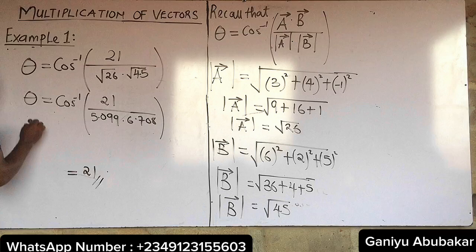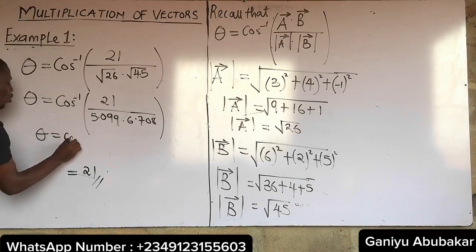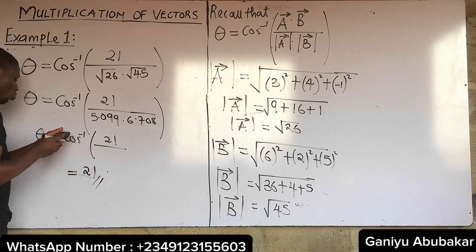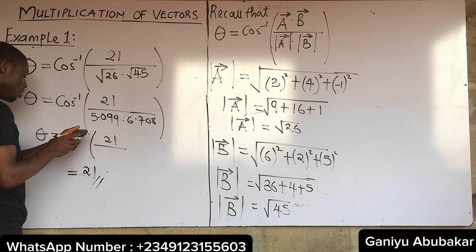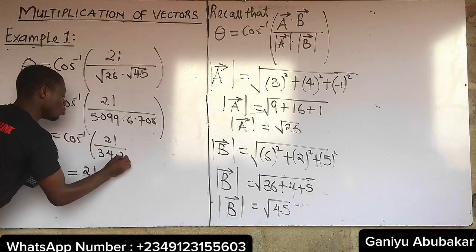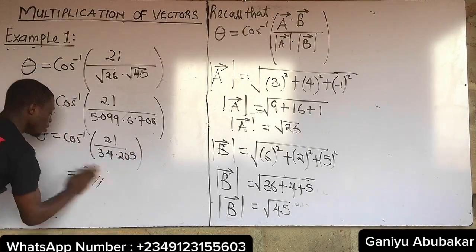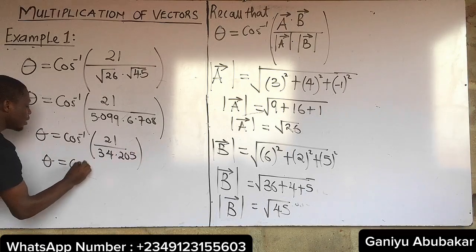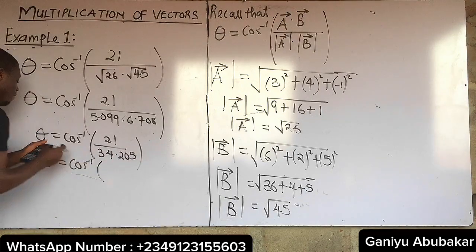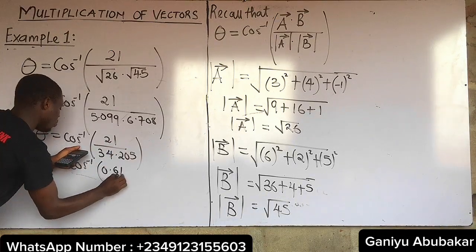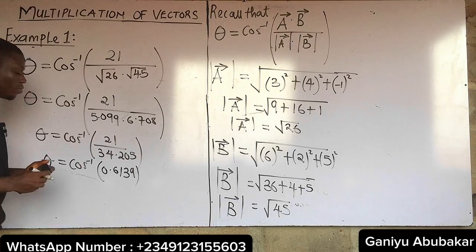√45 is about 6.708. So the angle is equal to the cos inverse of 21 all over, multiplying these two, 5.099 times 6.708, I have 34.205. At this point, divide 21 by this answer. Theta is equal to cos inverse of 0.6139.